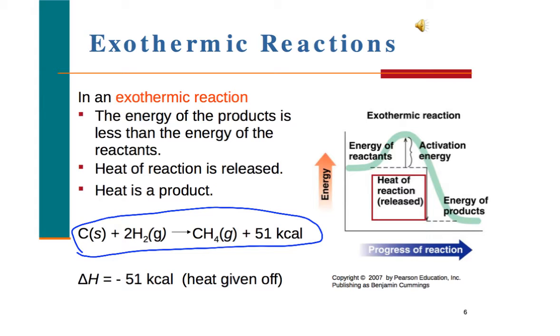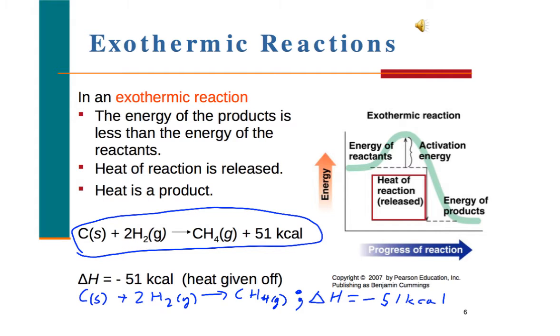Other types of chemists, called p-chemists, like to write a chemical reaction, then put a semicolon at the end, a delta H, and then a negative 51 kilocalories. And whether the reaction is endothermic or exothermic, they'll always place that change of heat of reaction at the end there. But they'll change the sign to let you know whether it's endothermic or exothermic.